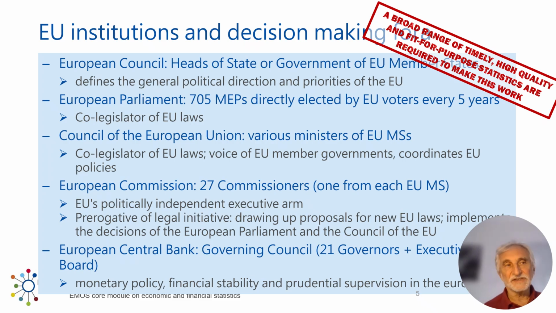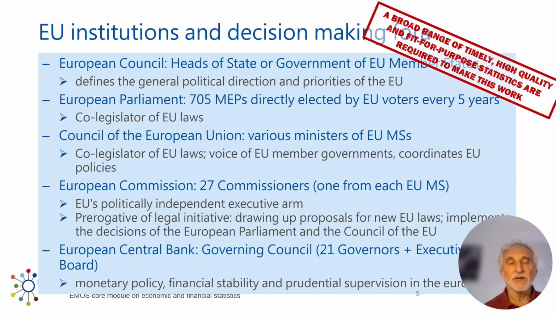And then on the other side, on the monetary policy side, you have the European Central Bank. And the European Central Bank has also the power to develop statistics, to make statistical regulations for its purposes, so in the financial area. So the purposes being either monetary policy, financial stability, or for prudential supervisory purposes.